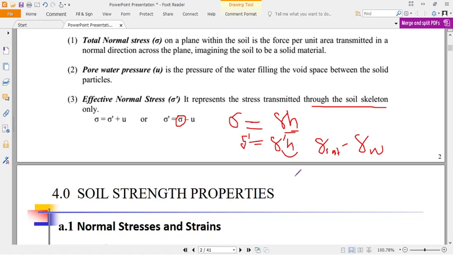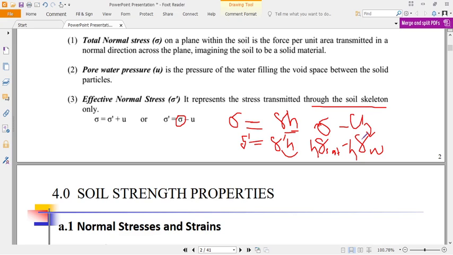So when you multiply it times height, if you put height here, we have the saturated unit weight minus the water pressure, which is equal to H times the unit weight of water.